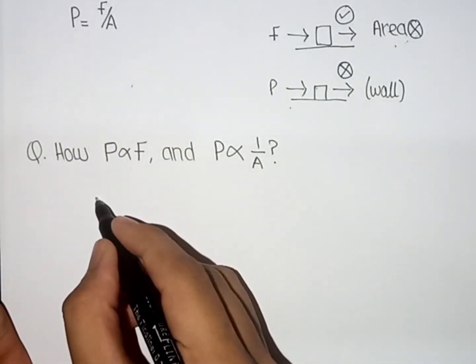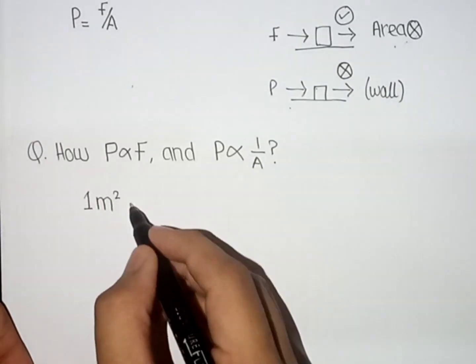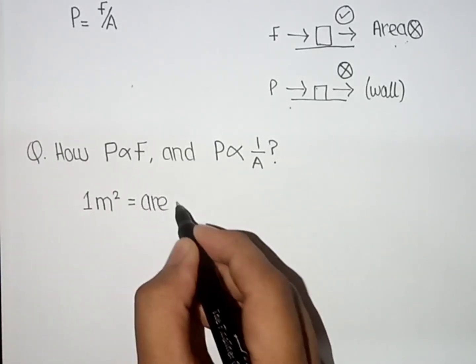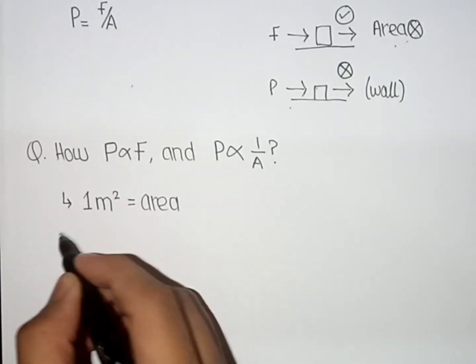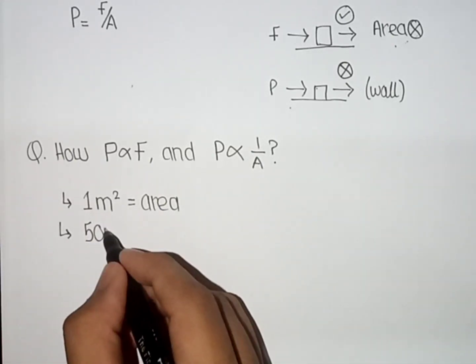For example, we are keeping 1 meter square as the area, and we are taking the force as 50 newtons.